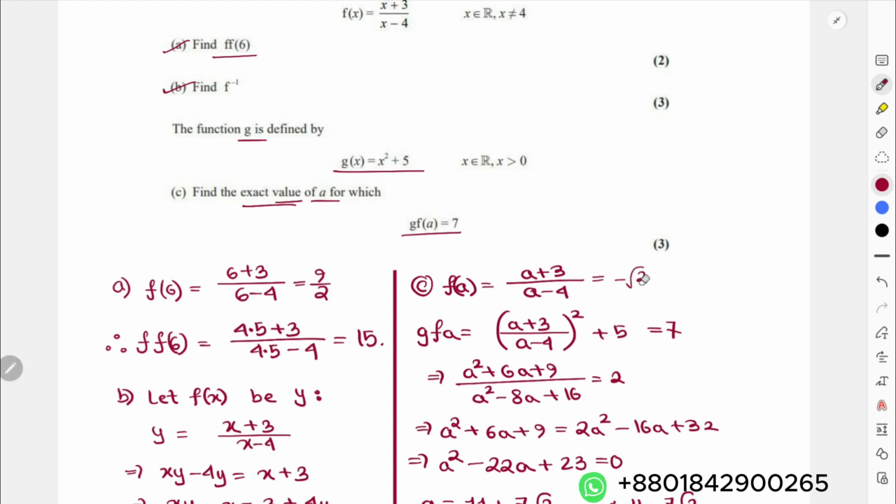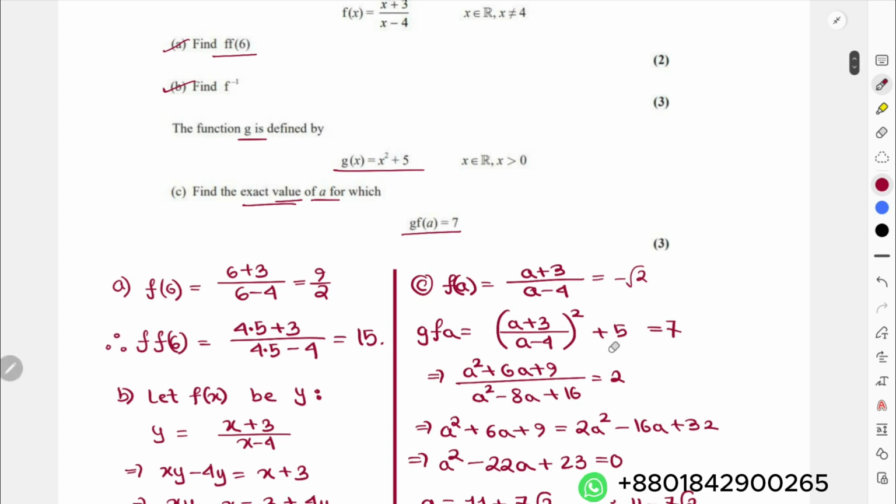If this is minus root 2, if you insert this into the equation, then you get minus root 2 plus 3 and then again minus root 2 minus 4, everything squared plus 5, that leaves you with 5.05. If you insert this minus root 2 value into this equation, they will leave you with 5.08, which is not 7, right?